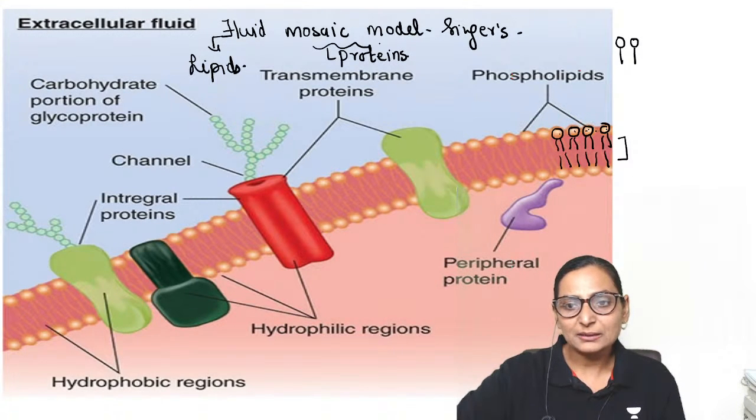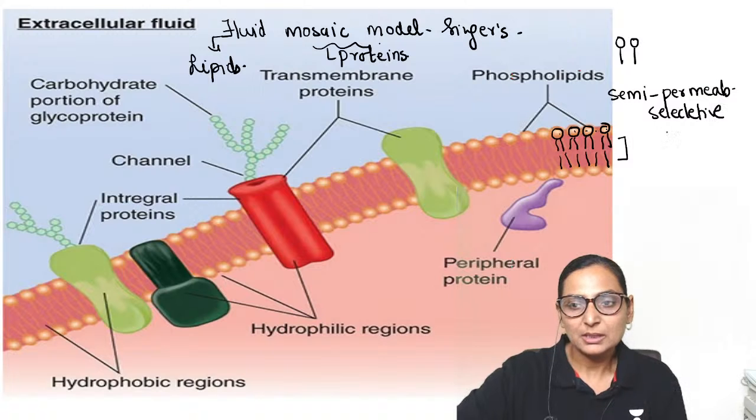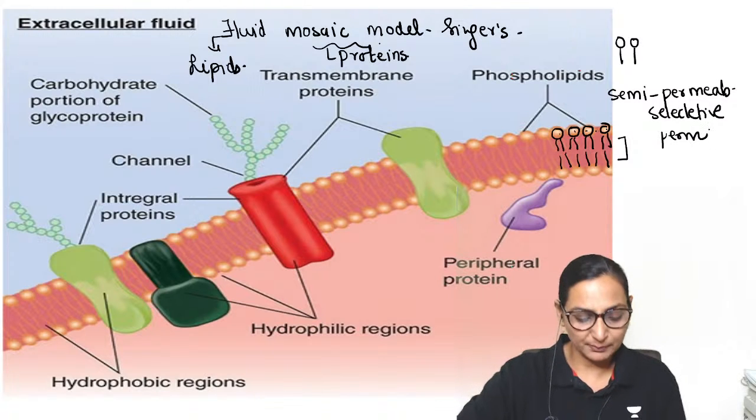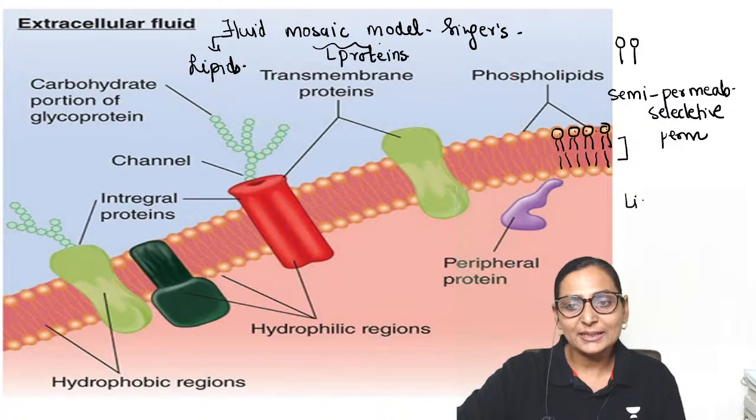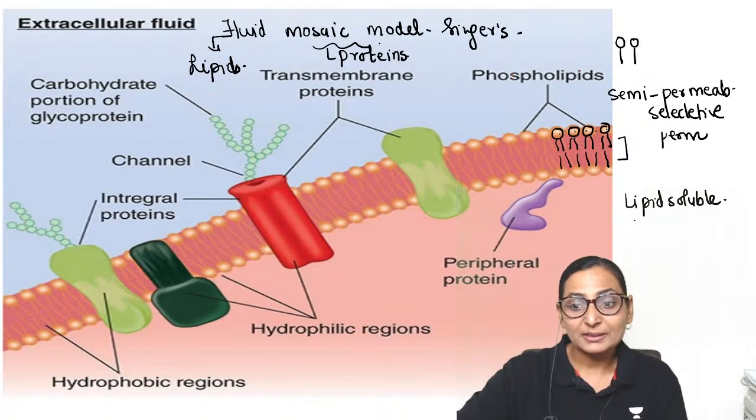Now remember that this cell membrane has a very, very important property, that it is semi-permeable, and also you can say that it is selectively permeable. When I say selectively permeable, I should know that it is going to allow only lipid soluble substances, gases, and steroids.